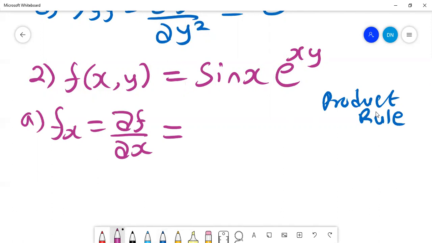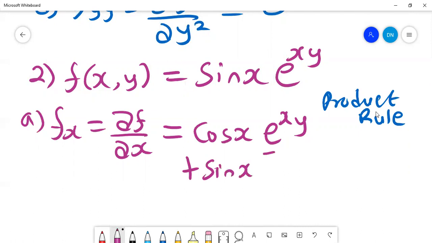And what does the product rule say? I'll differentiate the first part, sine x, and keep the e constant. So this becomes cos x, e to the power xy, and then plus, I keep the sine constant, and now I differentiate e raised to xy. How do you differentiate the exponential?